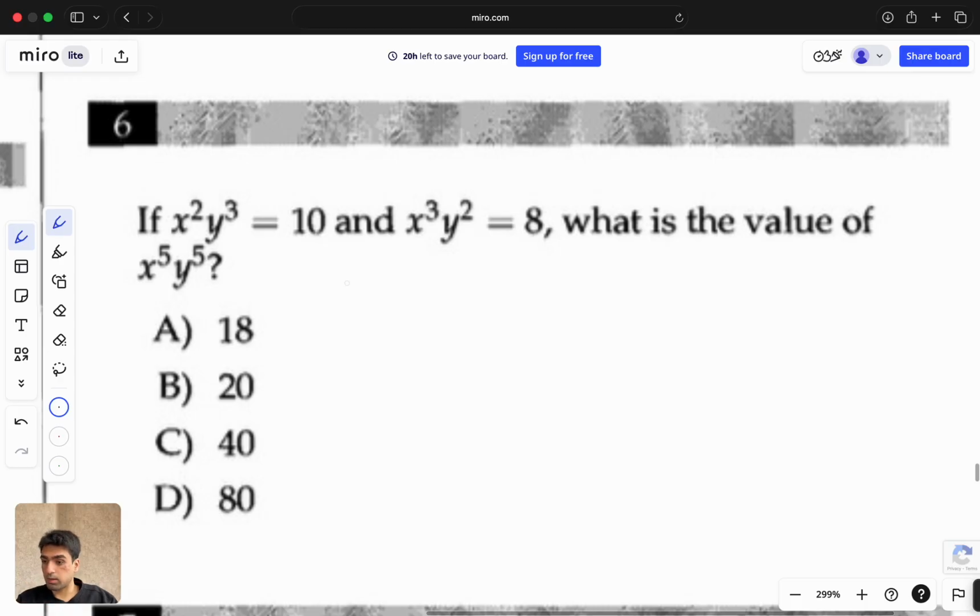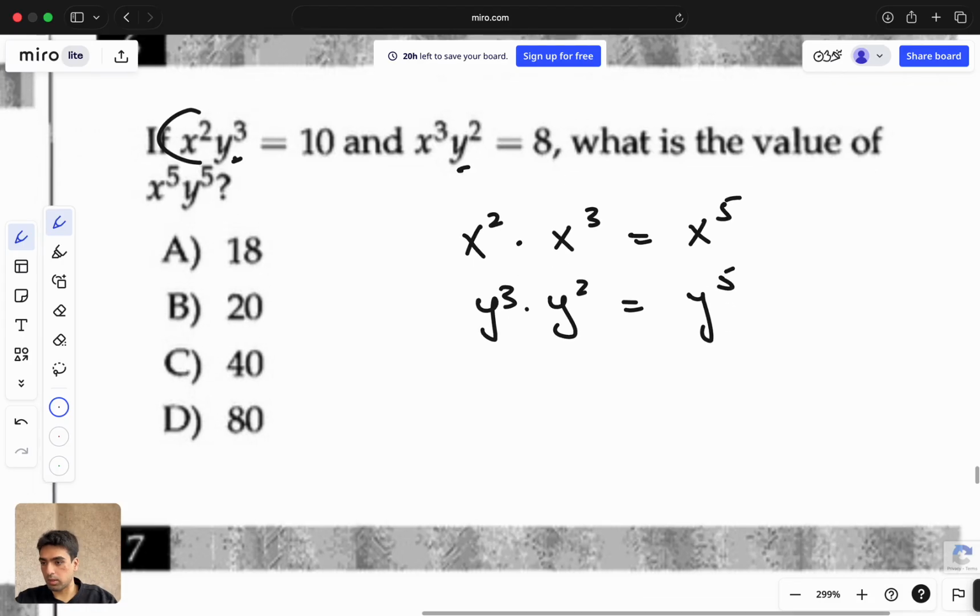Okay, next. We have this is equals to 10 and this is equals to 8. What is the value of this? To get x to the power of 5, you can use x squared and x cubed. You can write this as x squared times x cubed is going to be x to the 5. And similarly, y cubed times y squared is going to be y to the 5. So if you multiply this with this, you will get this.